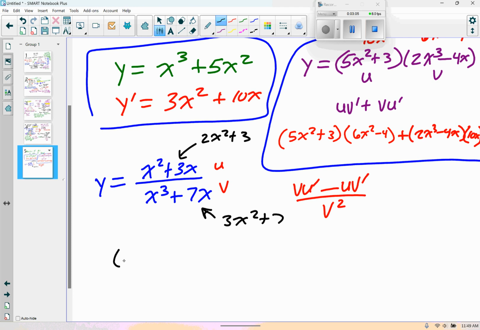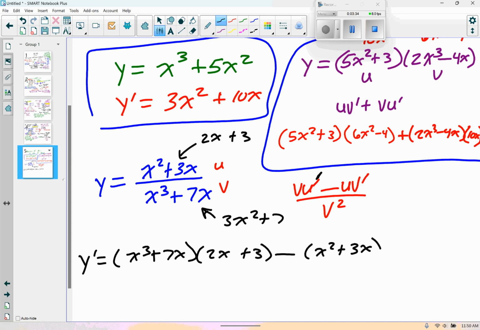So y prime is going to be v, which is x to the third plus 7x, times the derivative of u, which is going to give me 2x. I think it's just 2x. Yes, it is. And then minus our u value, which is this, times the derivative of that, 3x squared plus 7.